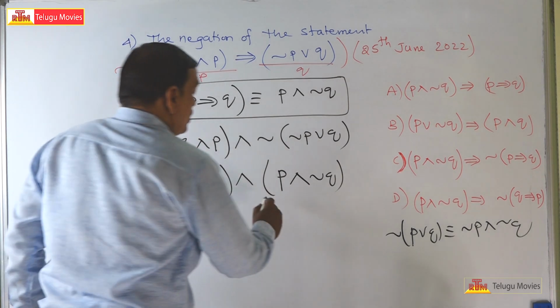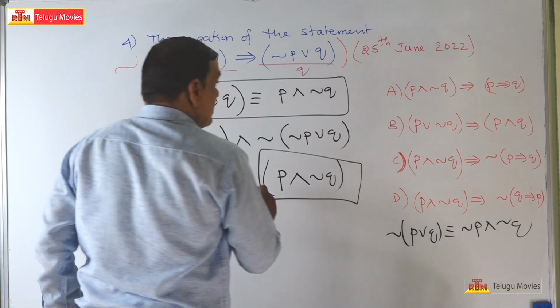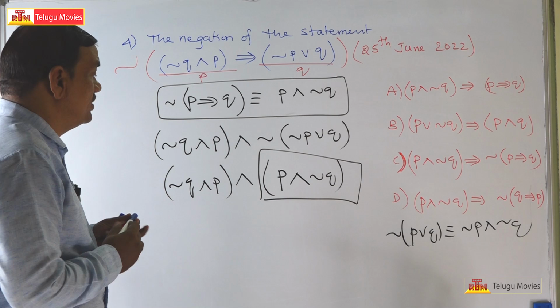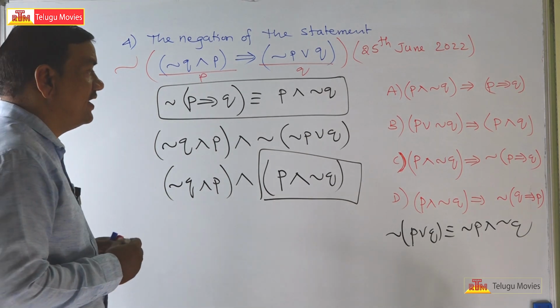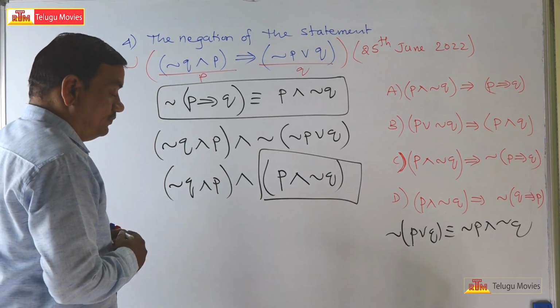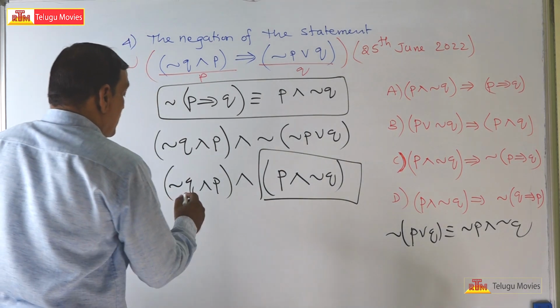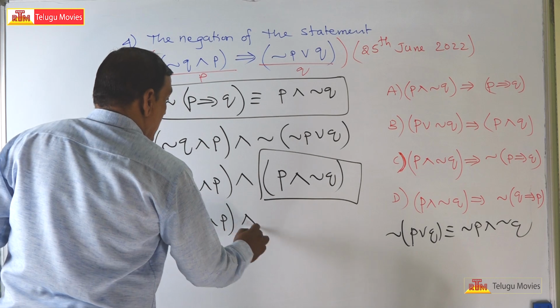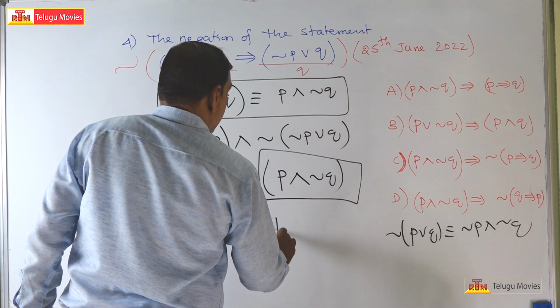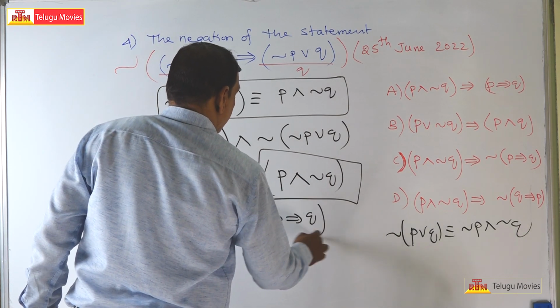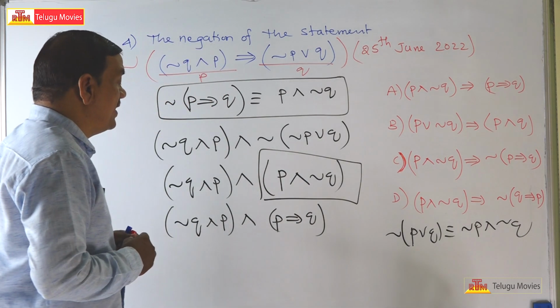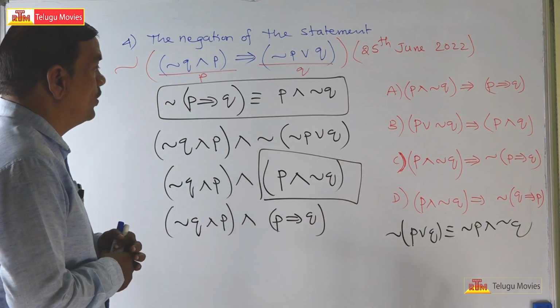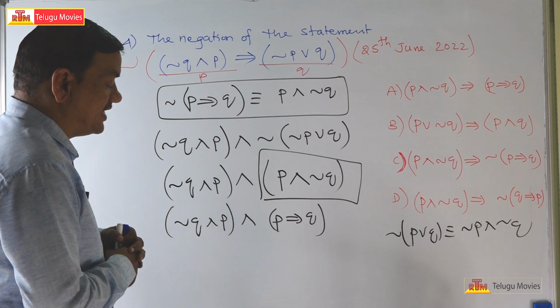If you observe, this can be written as negation Q and P, and this can be written as P implies Q. Can I write down P implies Q?